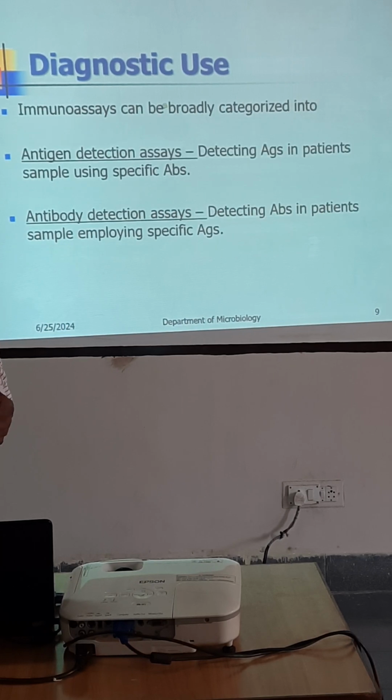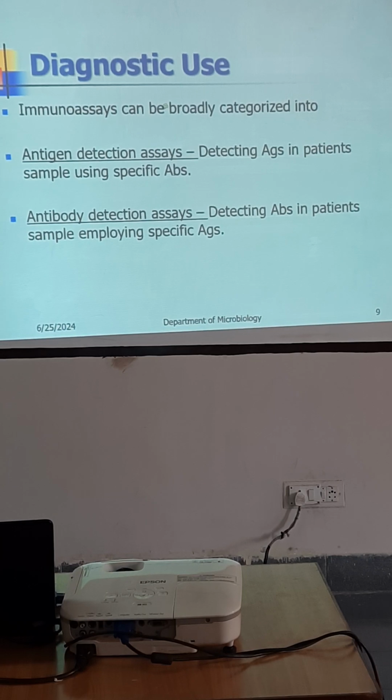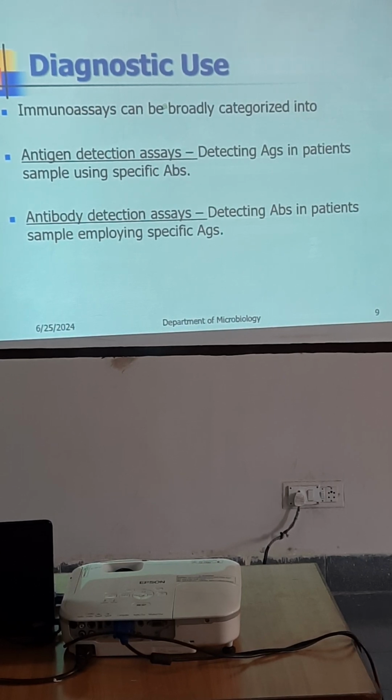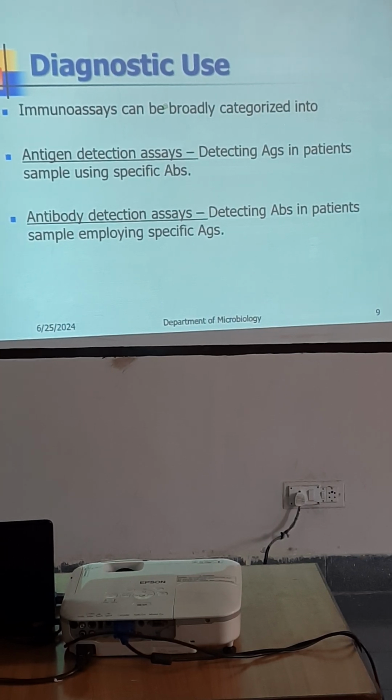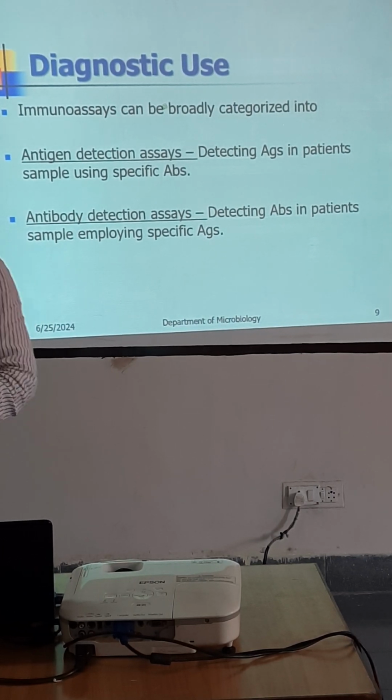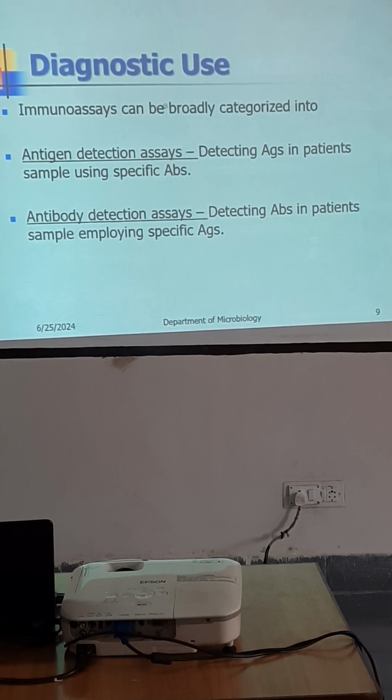Then, the diagnostic use of these immunoassays can be broadly categorized into antigen detection assays and antibody detection assays. In antigen detection, we are detecting the antigen in a particular patient's sample using specific antibodies.